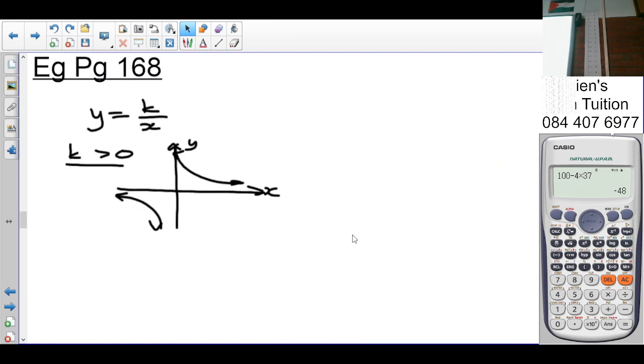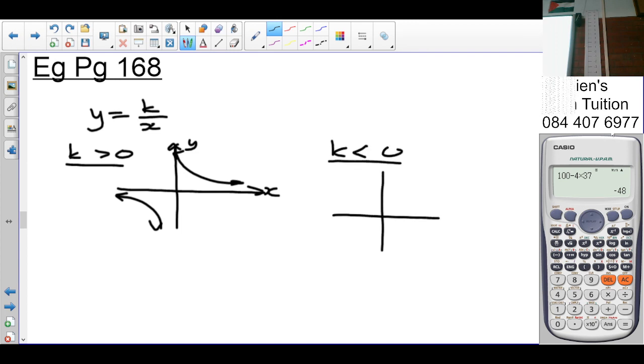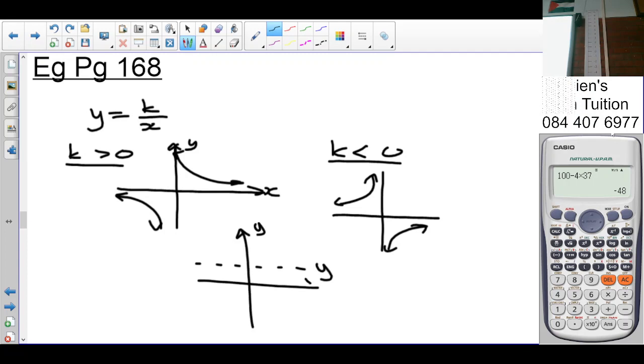Okay, so we make the further note that if k is less than 0, which means to say it's negative, it lies in quadrant 2 and 4. Okay, as the graph lies here, the quadrant is divided by your x and your y axis. However, if your q value shifts, say that's your asymptote there, then the graph will be drawn, say it's positive, there and here.